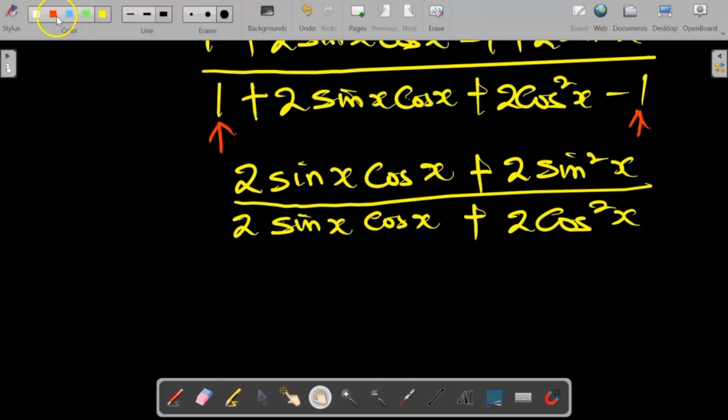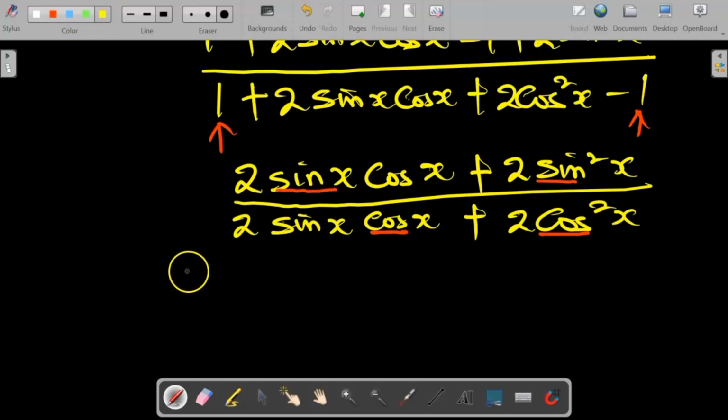Now, look closely. In our numerator, sine x is a common factor. In the denominator, cos x is a common factor. So we are going to bring it out.